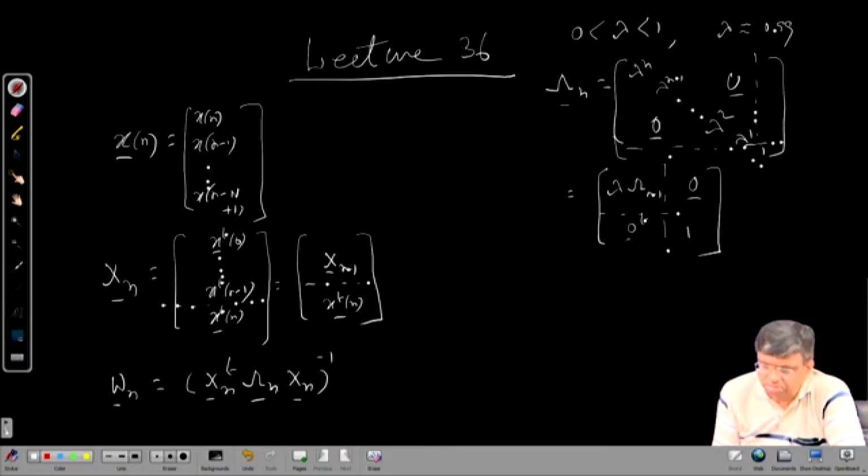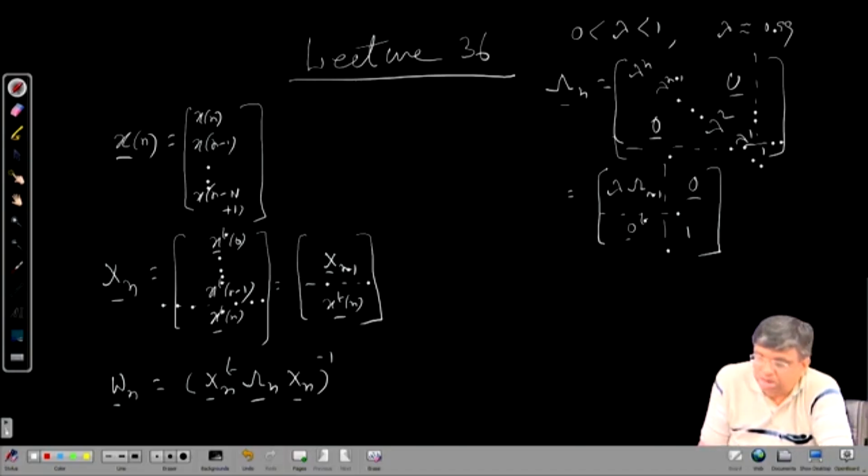All invertibility of this was discussed at length. When invertible, sometimes it may not be invertible, especially in the early stage. In the early stage of the iterations, small n, the time index, is less than capital N. All these were discussed, but we are assuming for the time being that small n is larger than capital N, and this is invertible.